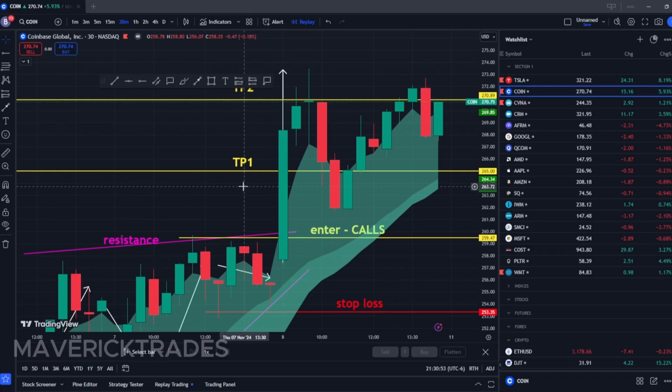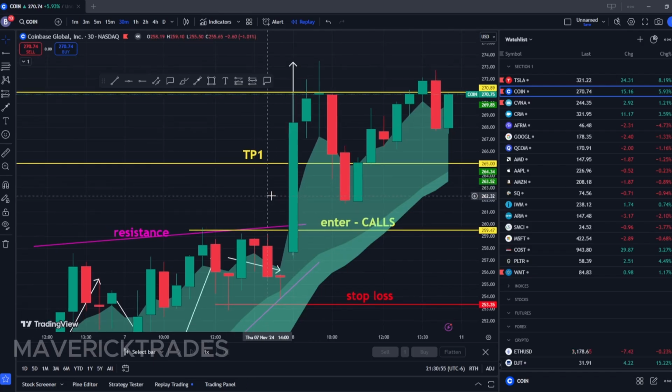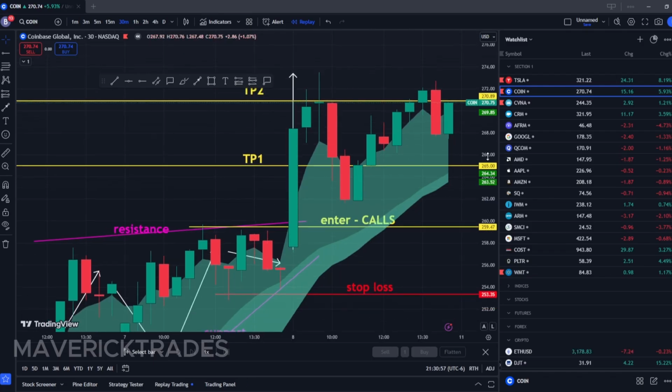Okay. Now, when entering calls, right, this was a huge play that played out. Okay. For me, if you want guaranteed profit, I probably would have sold somewhere here. Okay. It's never a bad idea to take profit. So as this is breaking, you're going to probably want to enter 260 calls. Okay, I wouldn't go too far out because there's always a chance that it might reject.